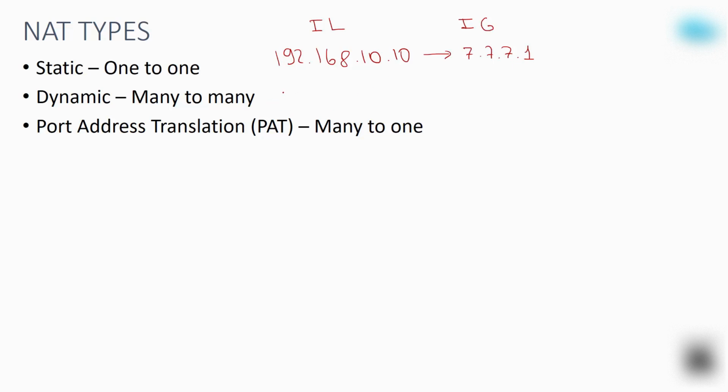Also, we can make a translation like dynamic, which is many to many. We can create a list of IP addresses which we want to translate to other IP addresses. For example, starting from 192.168.10.10 until 192.168.10.20, they will be translated to the range of IP addresses of 77.7.7.1 until 77.7.7.10 or 11.